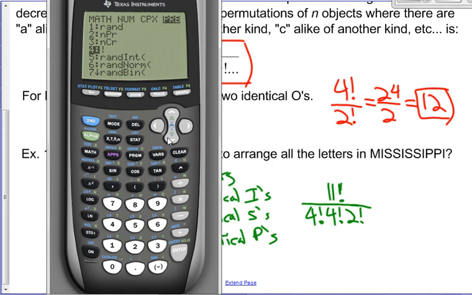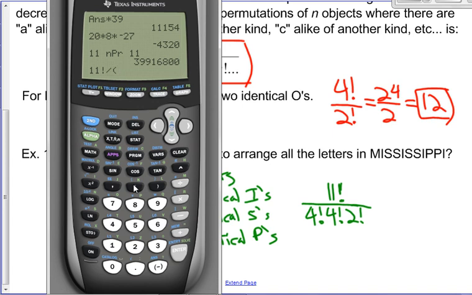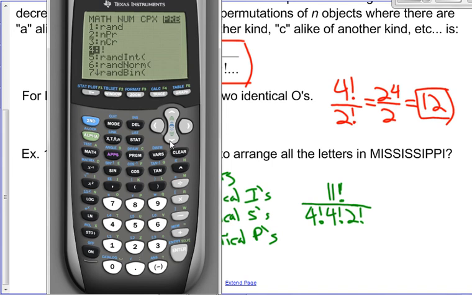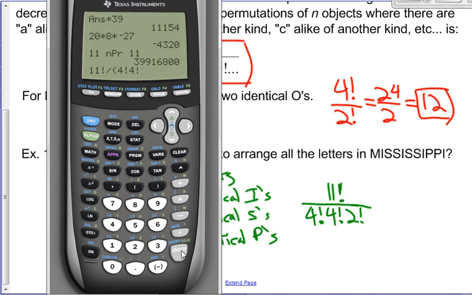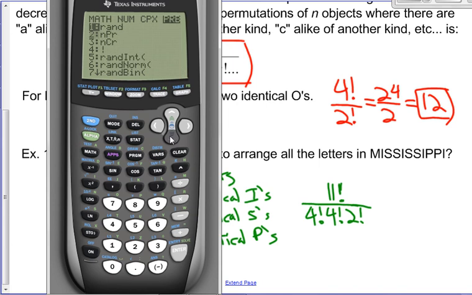Now, maybe you have a fancy calculator where you can do a numerator over denominator thing. That's great. Otherwise, if you're just putting it in a regular 2-line calculator, put brackets around the bottom so that it groups them together well. 4 factorial and 2 factorial. Now, you should know that 2 factorial is just 2.